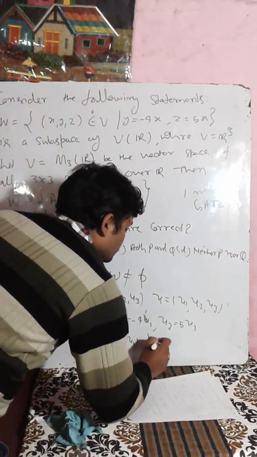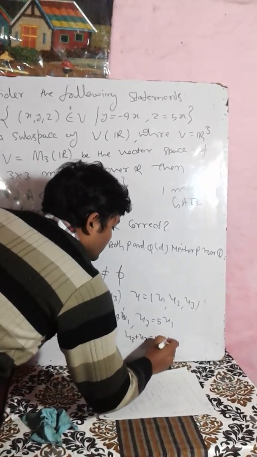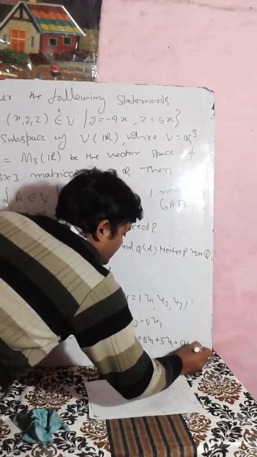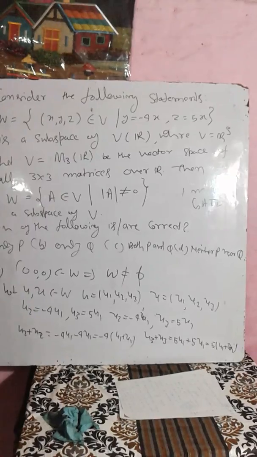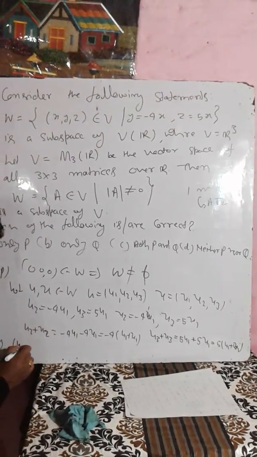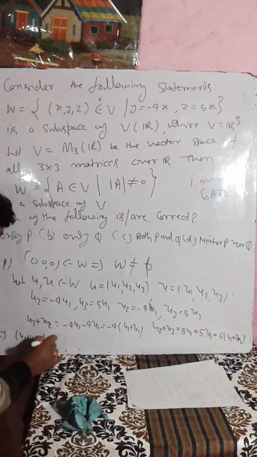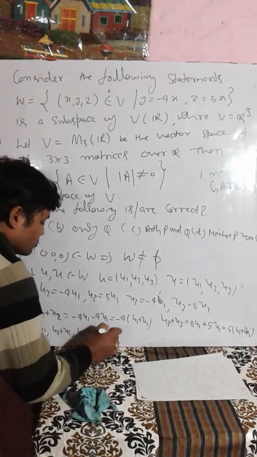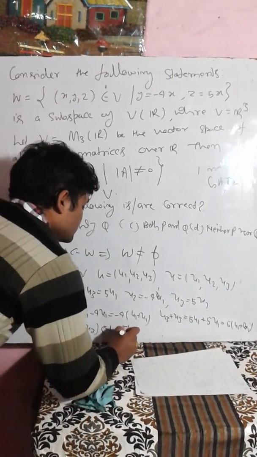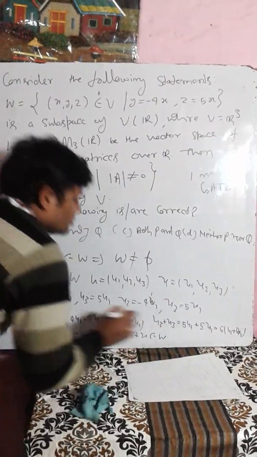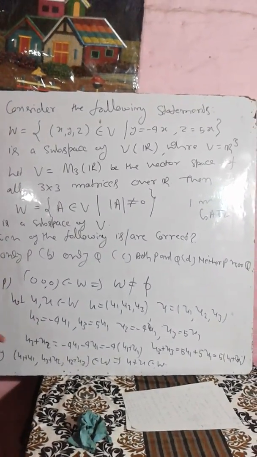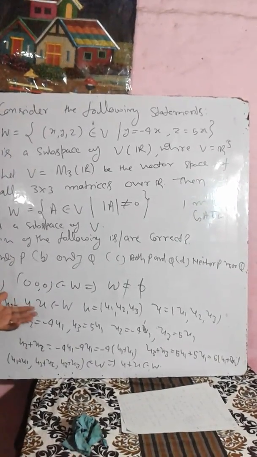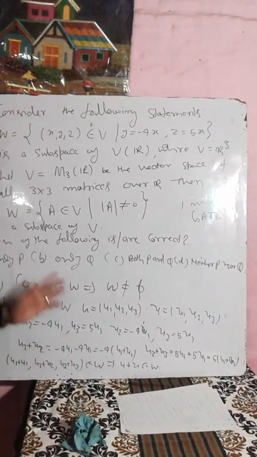Similarly, U3 plus V3 is equal to 5 times U1 plus 5 times V1, which implies 5 times (U1 plus V1). This means (U1 plus V1, U2 plus V2, U3 plus V3) belongs to W. This implies U plus V belongs to W. So if U, V belong to W, then U plus V belongs to W. This means the sum of two vectors of W will be in W.